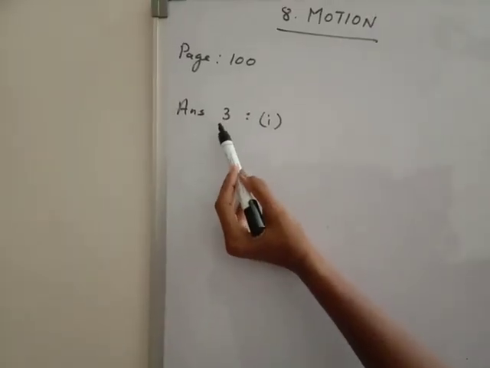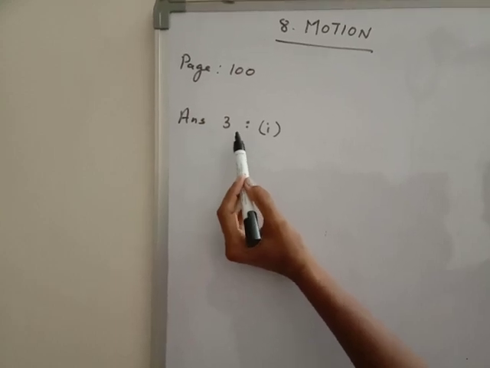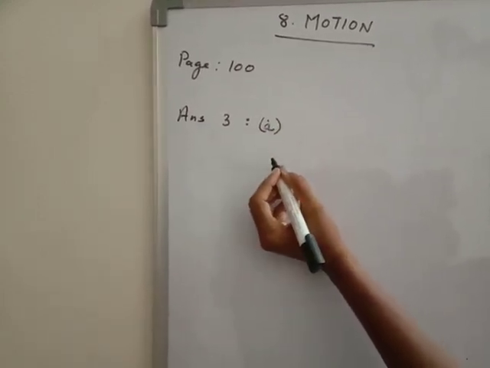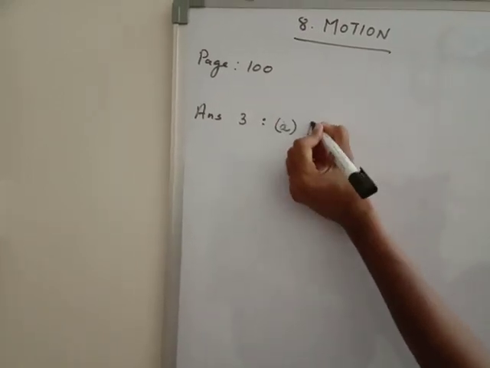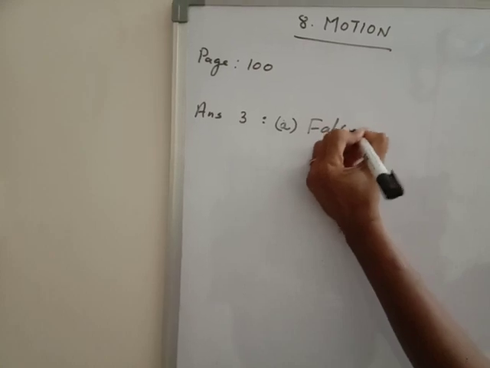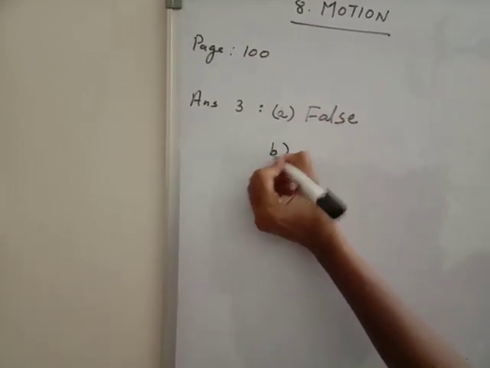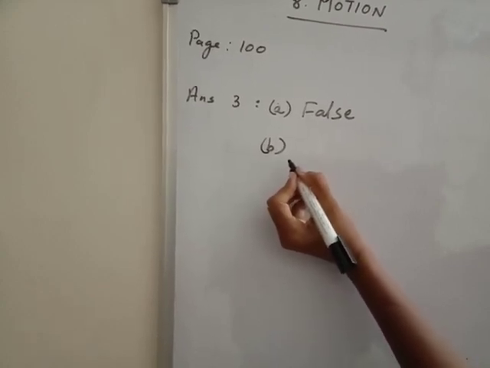Question 3. Which of the following is true for displacement? A. It cannot be 0. So it is false, because displacement can be 0. B. Its magnitude is greater than the distance traveled by the object.